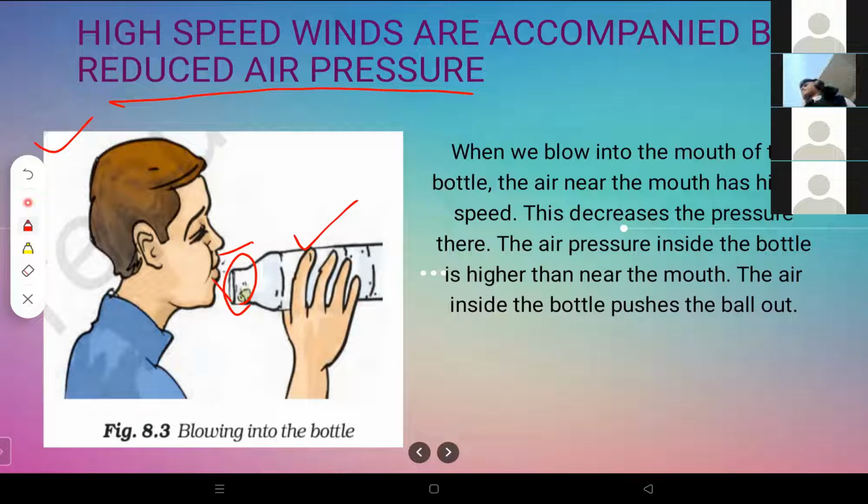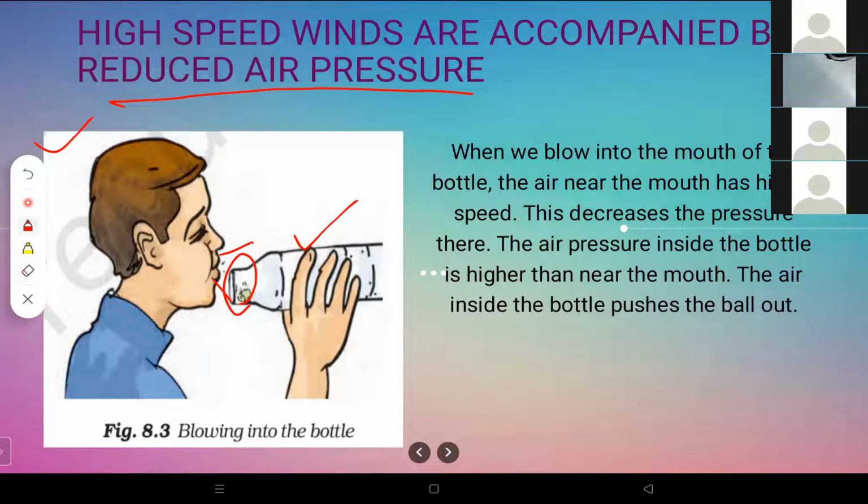What will happen? Is it easy or is it difficult to force the paper ball into the bottle? What do you think? It'll be easier because you're blowing wind. It's easy. Yes. But when we blow into the mouth of the bottle, the air near the mouth has higher speed.